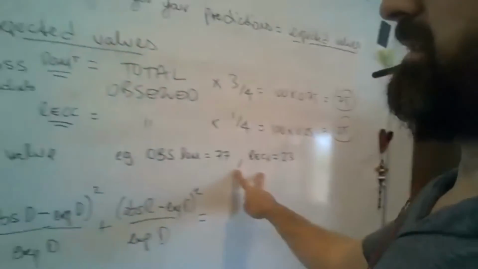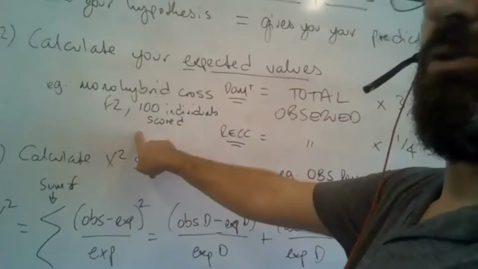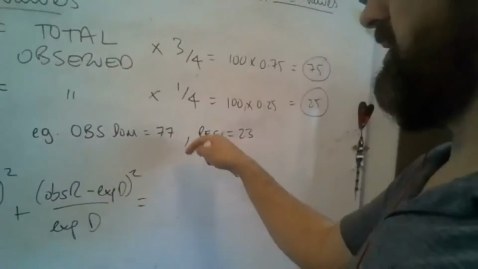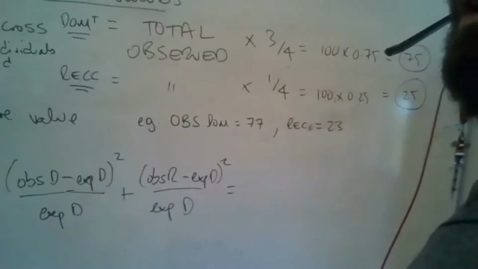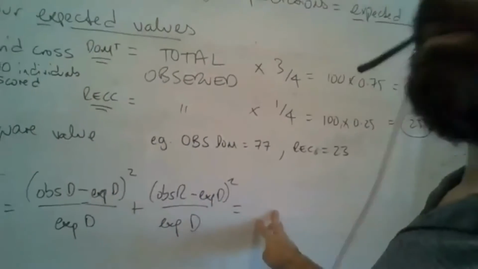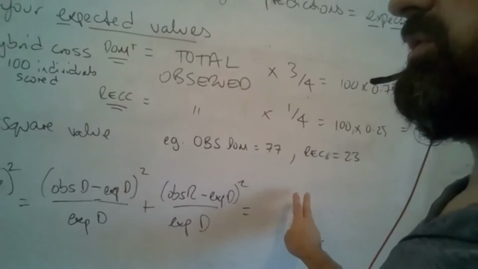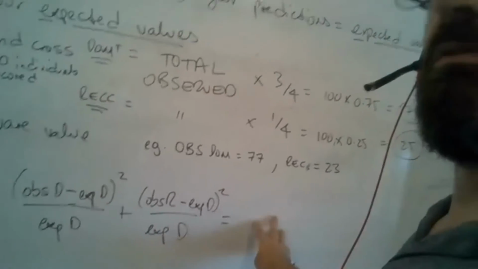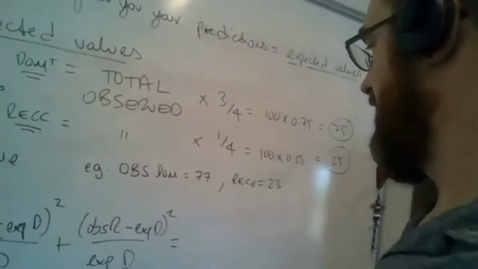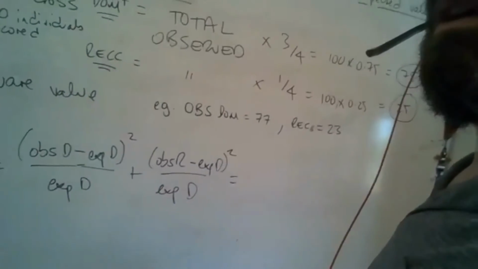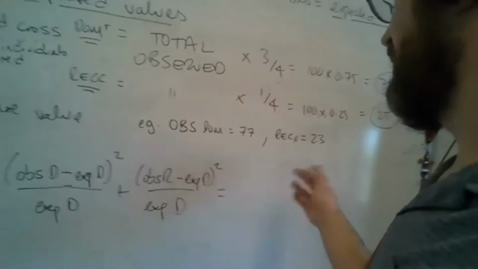Right, so those two add up to your 100, your total observed. We're going to fit those into this equation. I'm going to do this one for you, then I'm going to give you another one to do as a test, and then we'll do a different one. So we're going to run through this one first, and then we'll do a couple of other practices.